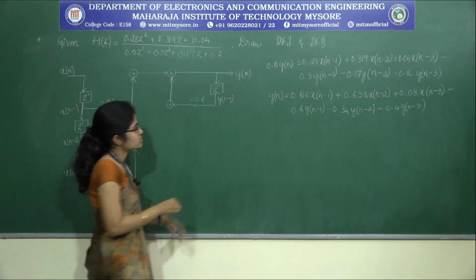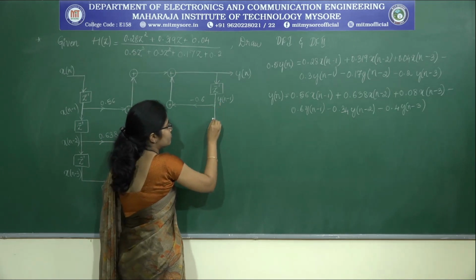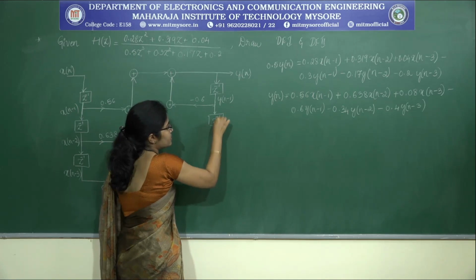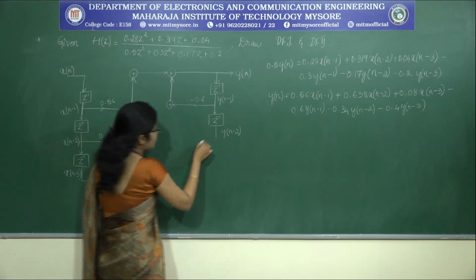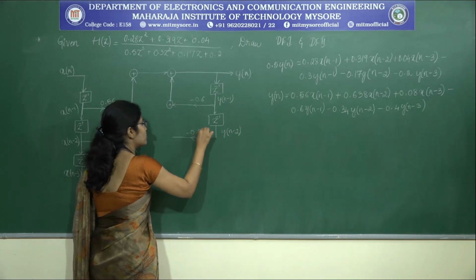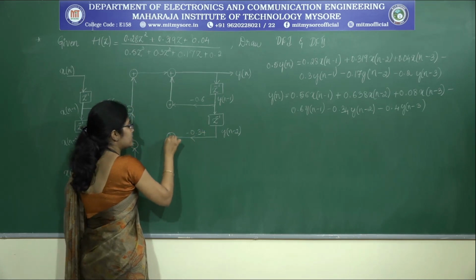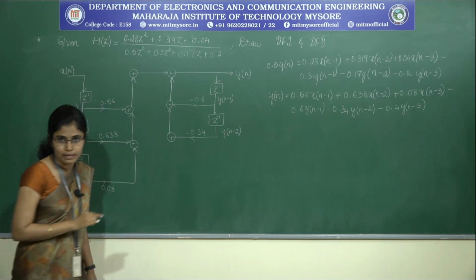Clear? So the next element is y of n minus 2. Delay this once, which gives us y of n minus 2. Multiply y of n minus 2 with minus 0.34 and connect it to an adder, and connect the output of this adder to the top adder.